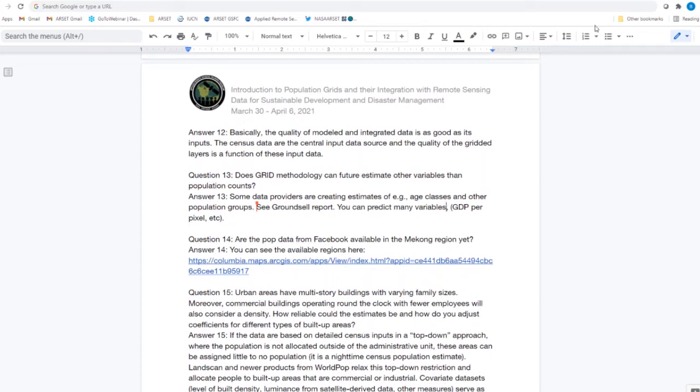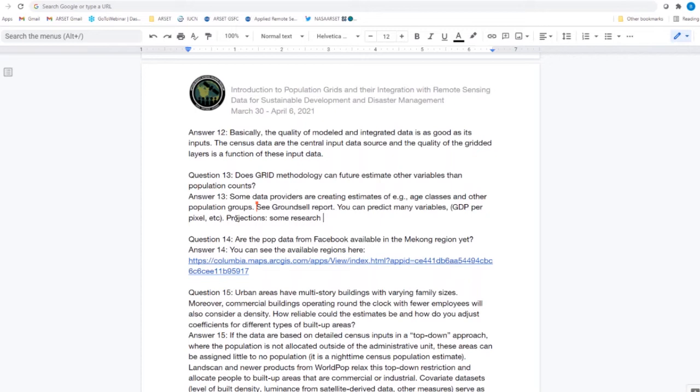Yeah, maybe to add quickly on the idea of projections. I know that some research groups, and we are working on some population projection work, actually use, for example, the degree of urbanization and population grids in combination to create these kinds of projections over several decades, and see how these projections play out under different socioeconomic pathway scenarios.